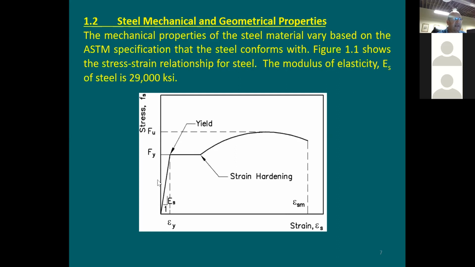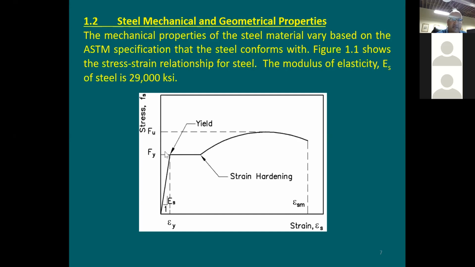So this is like the tension test. At the beginning, you're going to have this elastic performance. You add some stress, you get some strain, till you hit the yield point. We call this region the elastic performance of the steel. Once you reach the yield point, you're at the yield stress. So Fy is going to be the yield stress.